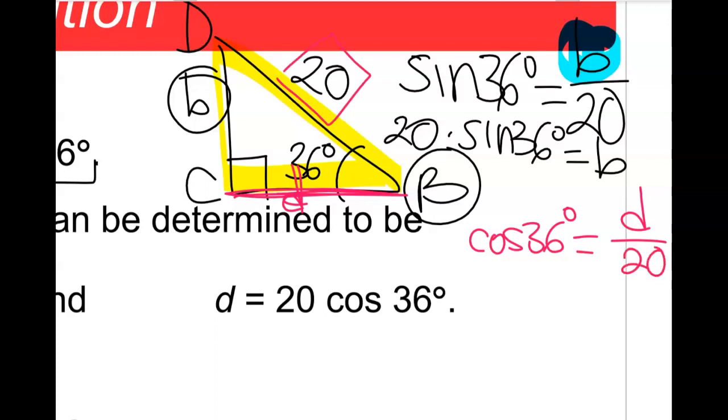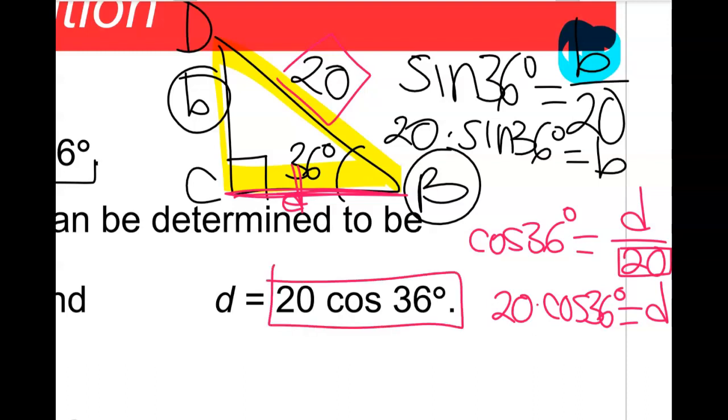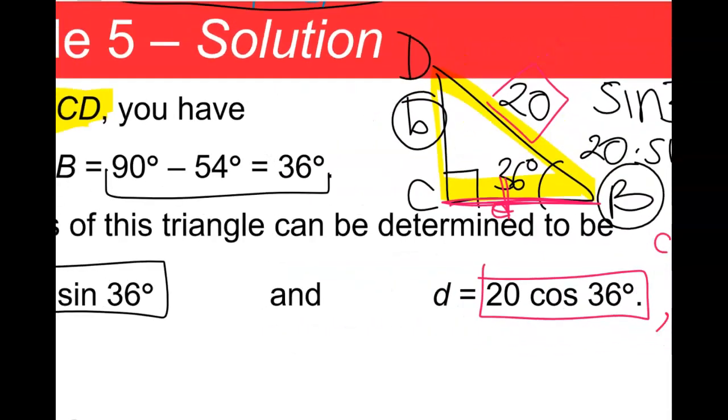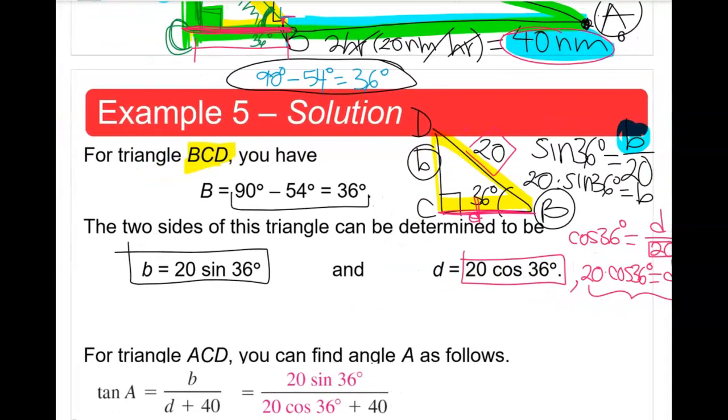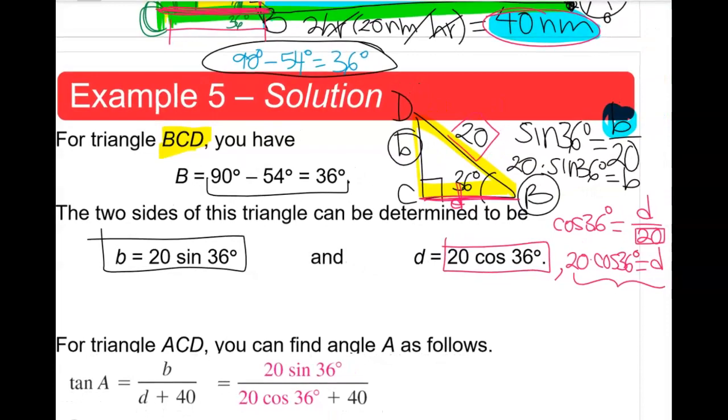Now, if we want to solve for D, it will equal to 20 times the cosine of 36, because remember 20 is dividing on the right side, on the left side it will be multiplying. Now, that is what we have here. And yes, these two expressions are exactly the same. It doesn't matter if you have your variable on the right or on the left. So now with those two expressions that we have, we're going to enter those on the calculator.